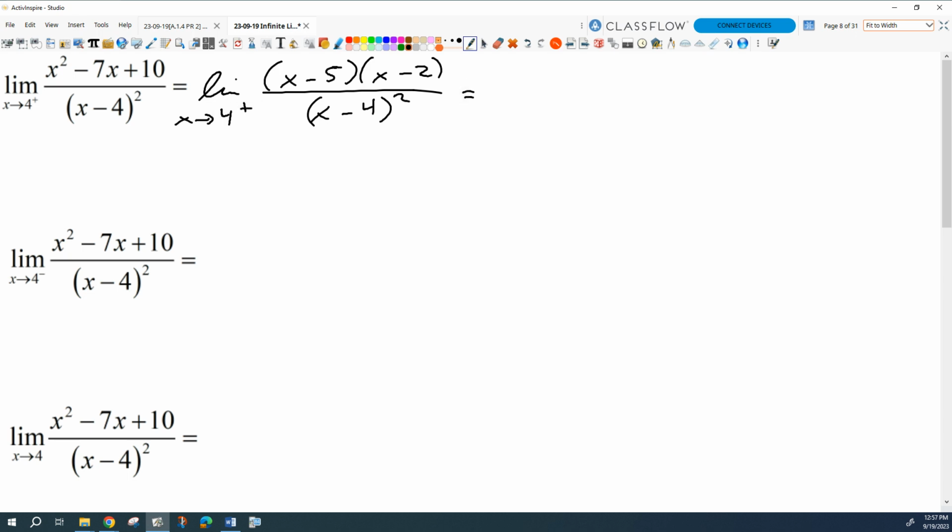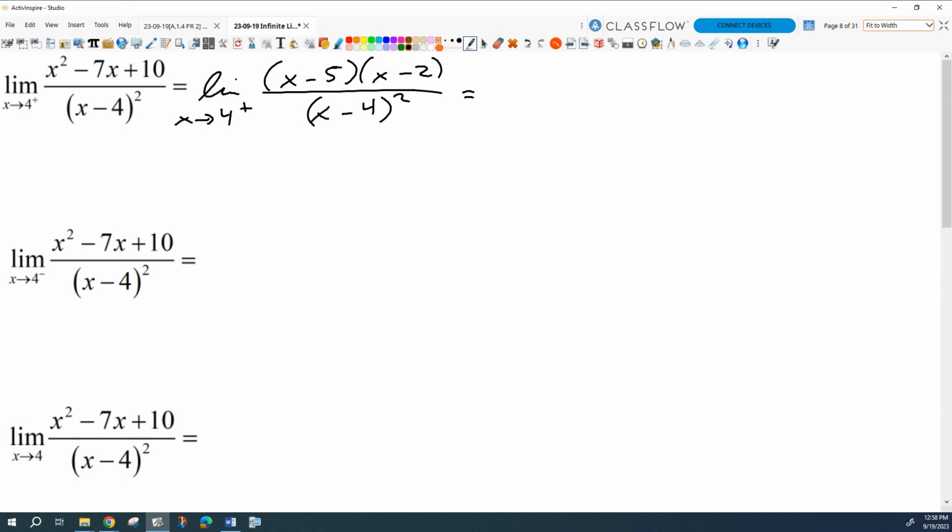Okay, so if we evaluate this, as x approaches 4 from the right, what am I getting on the bottom? What's x minus 4 become as x approaches 4 from the right? 4 point something minus 4 is? Okay, so what would we call that? 0 plus, right?